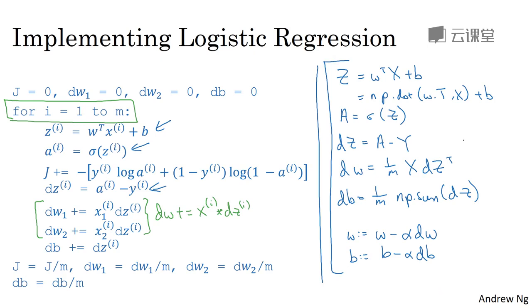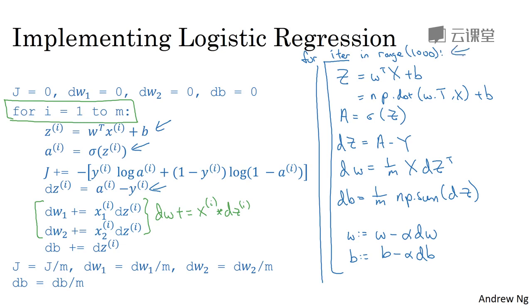Now, I know I said that we should get rid of explicit for loops whenever you can, but if you want to implement multiple iterations of gradient descent, then you still need a for loop over the number of iterations. So if you want 1,000 iterations of gradient descent, you might still need a for loop over the iteration number.